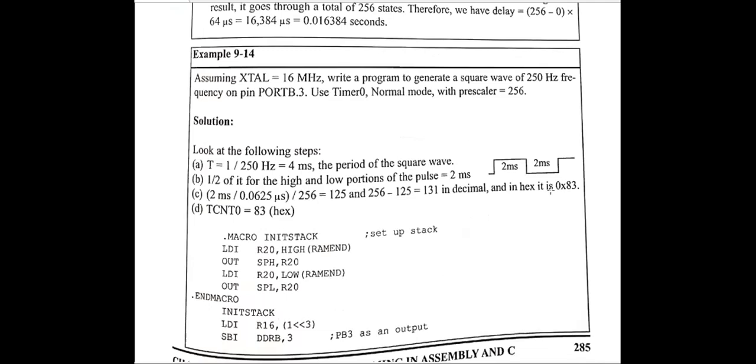So T is equal to 1 divided by 250, and the period of the square wave is 1 by 2 for the high and low portion of the pulse.